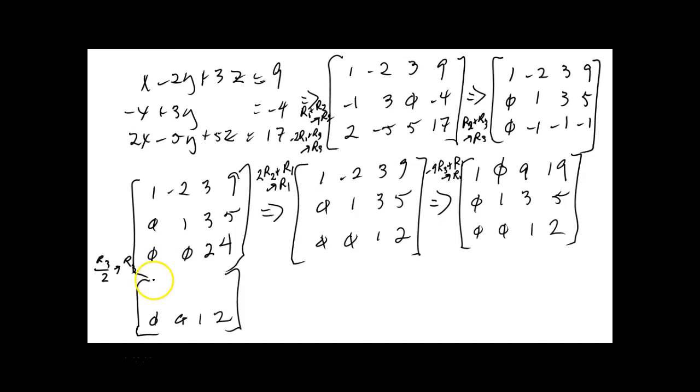What does it become? 1. Second? 0. Yeah, nothing changes there. 0, it changes to 0 there. And then finally you get a 1. You're absolutely right. Negative 9 times 2 is negative 18 plus 19 is a 1.